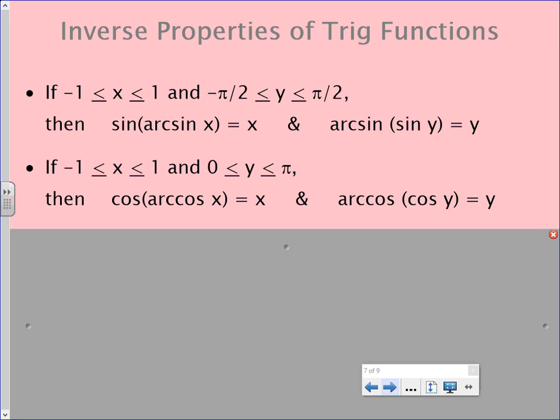If our ratio is between negative 1 and 1, and our angle is between 0 and pi, then cosine and inverse cosine can cancel each other out.